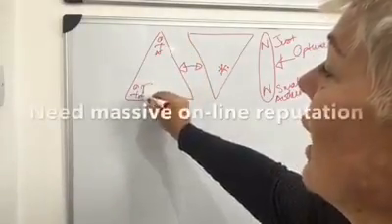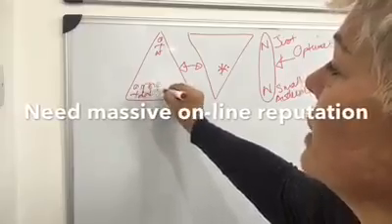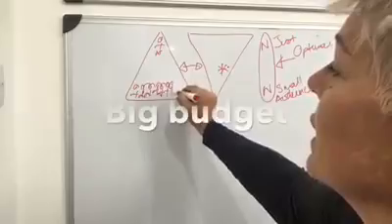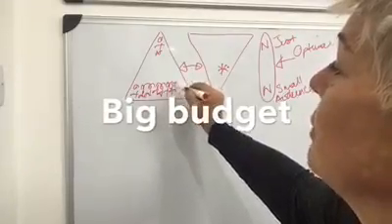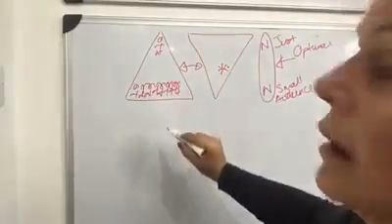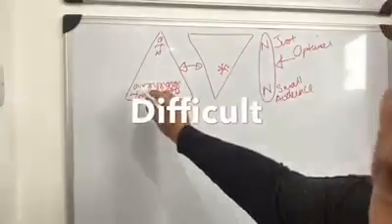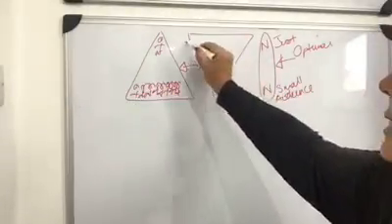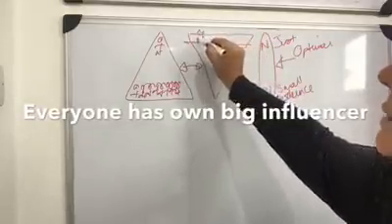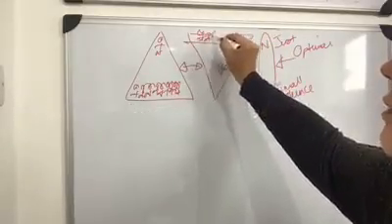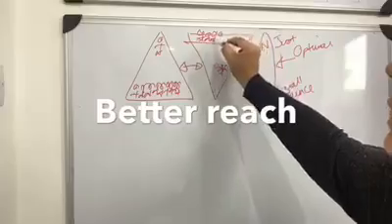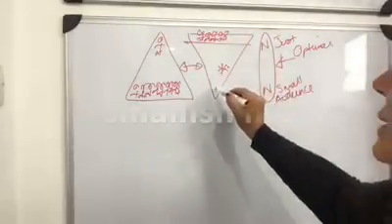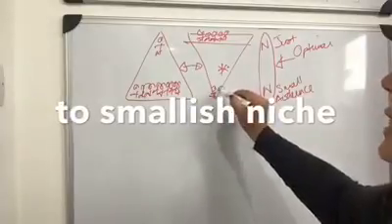Now, unless you have a massive online reputation already or the ability to have a huge budget for promotions, this is going to be incredibly difficult to achieve. Whereas this would be lots of different experts, so at least you bring in their ability to help with promotions, their ability to reach out to people, and the audience that you're targeting is narrow.